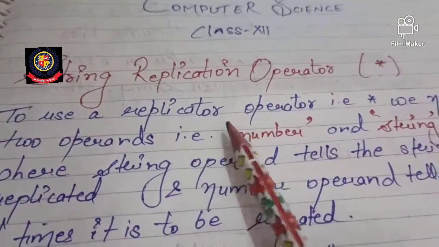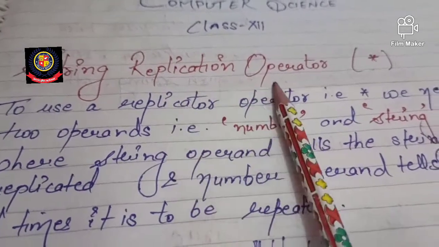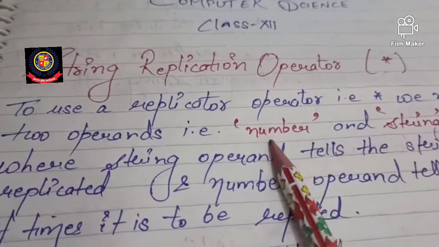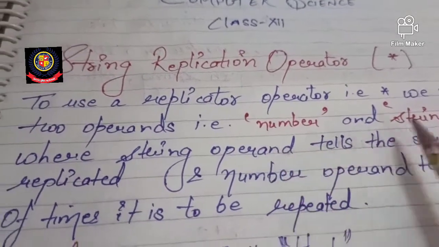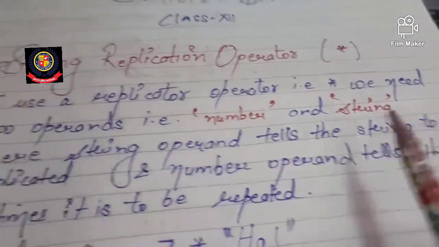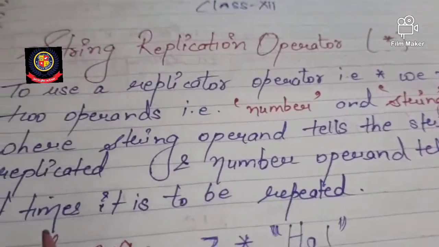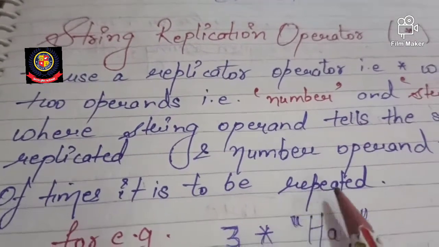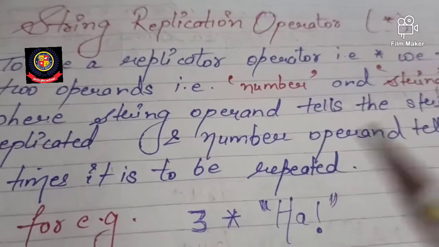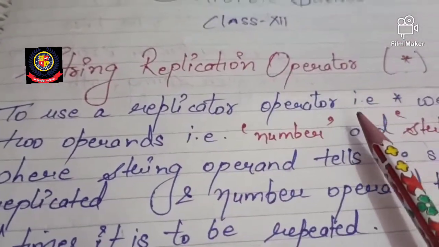One is a number and the second is a string, where the string operand tells the string to be replicated and the number operand tells the number of times it is to be repeated. Replicated means the number of times that string has to be repeated.